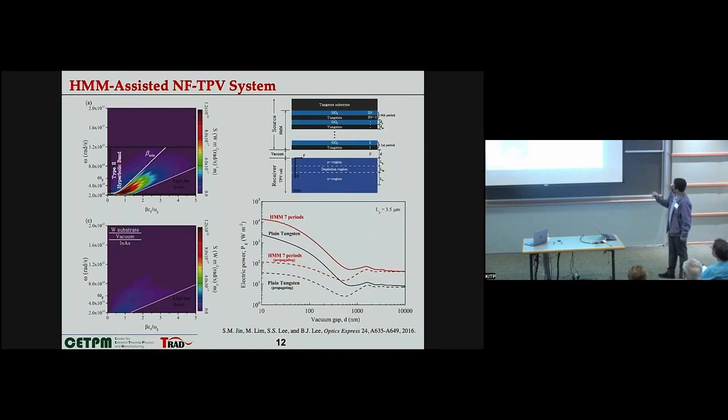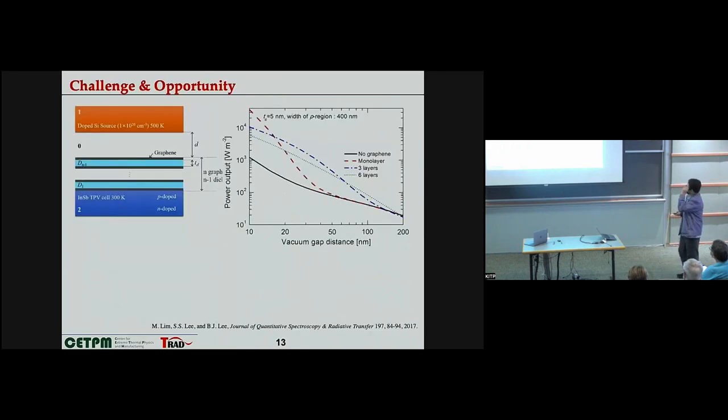So from this calculation, we can see that the enhancement exists even at very long distances due to the interference effect as well as the coupling of the plasmonic resonances. So from the calculations, we look back at our earlier designs of the same TPV systems.